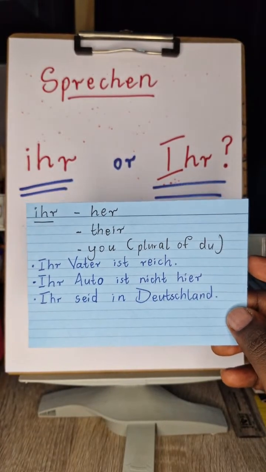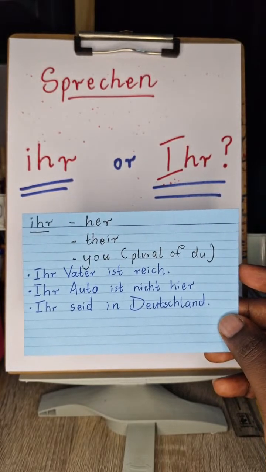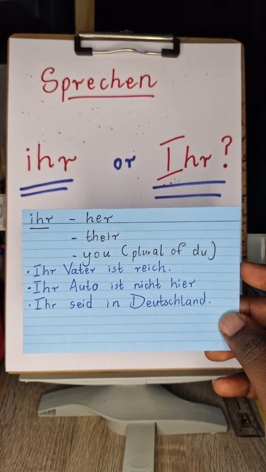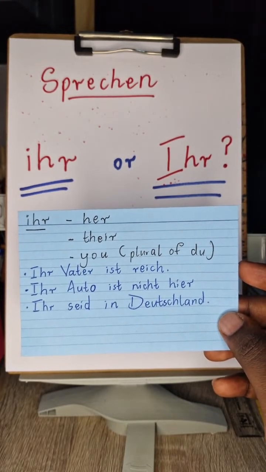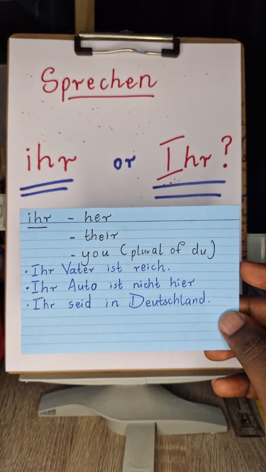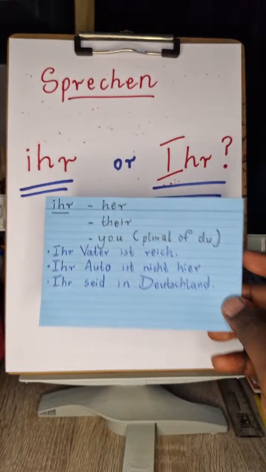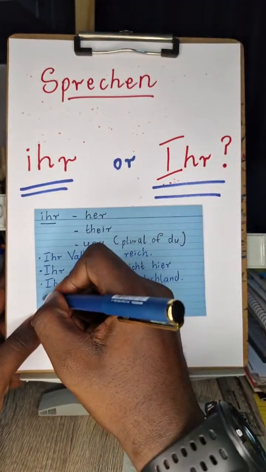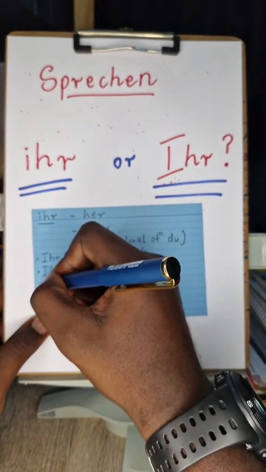Now let's get the last example. You want to say, is this her house, right? Cesar also says, "Ihr seid in Deutschland." Right, now how would someone say, is this her house? Now I'd like you to also try. How would you say, is this her house?